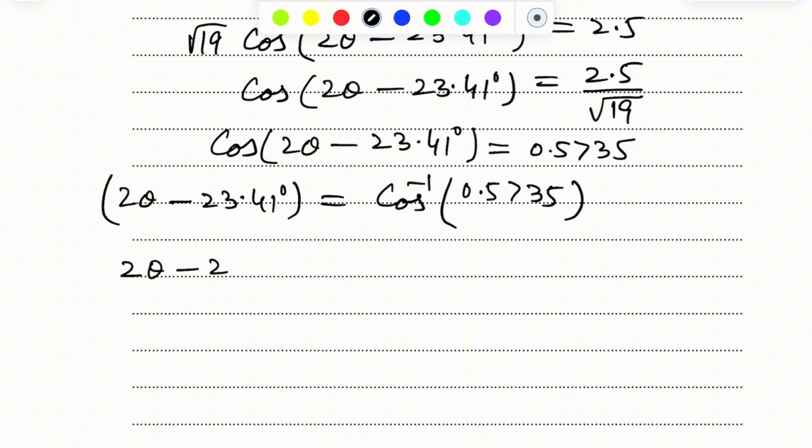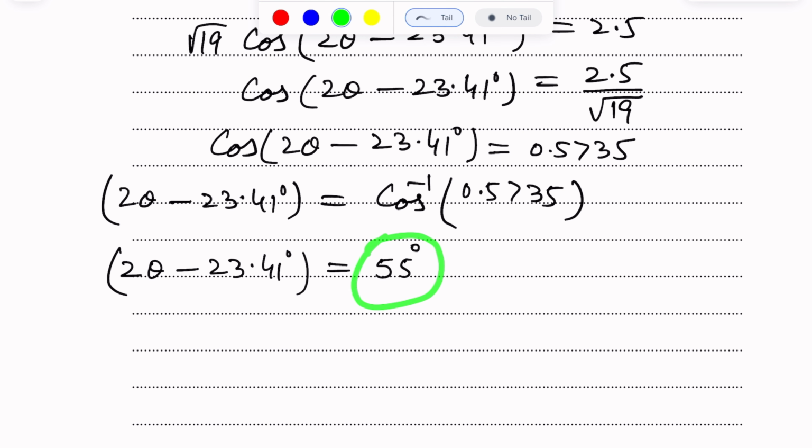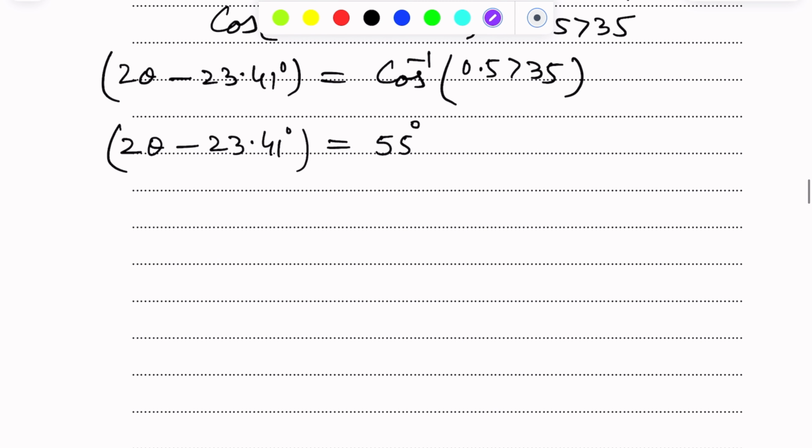So 2 theta minus 23.41 degrees is equal to 55 degrees. Now we know that this is the basic angle. There will also be another angle, and we are taking help from this sketch.